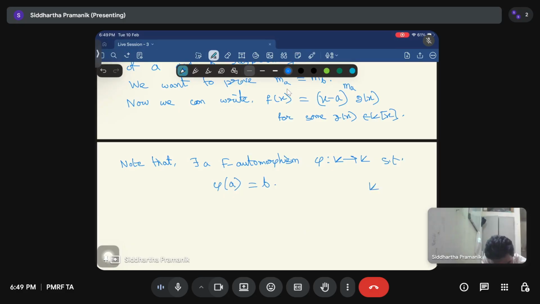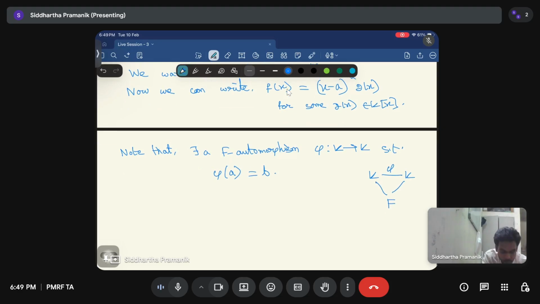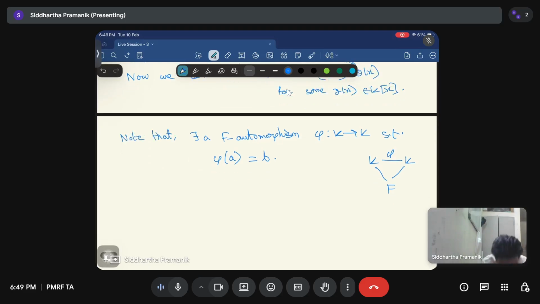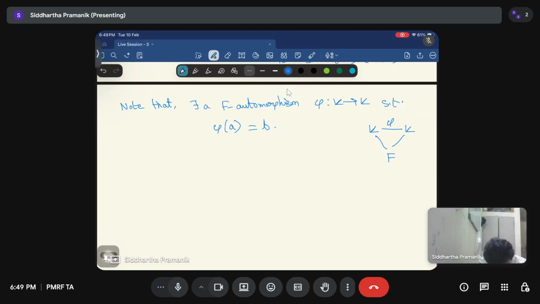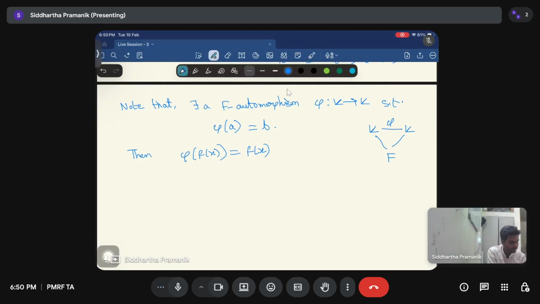So we are taking an automorphism which sends a to another root b. That is possible, right? We have already done that. Then phi of f(x) is the same as f(x), right? Because the coefficients of f come from the base field F, and elements of the base field are fixed by phi. So phi of f(x) has to be f(x).